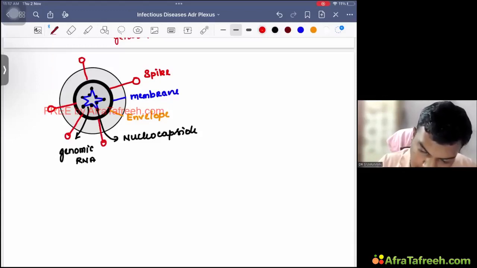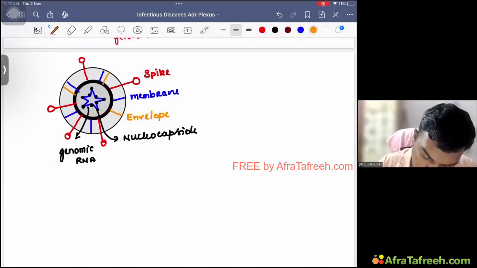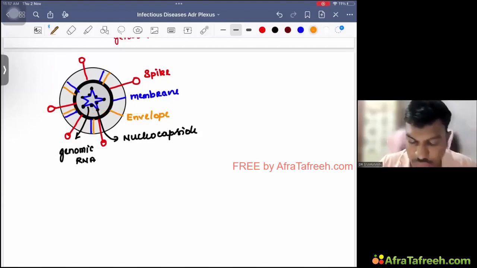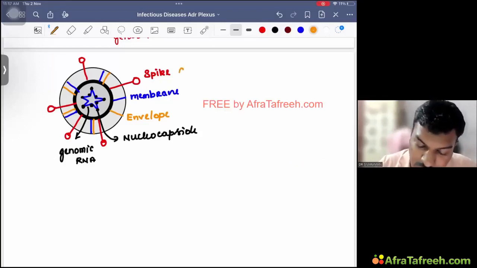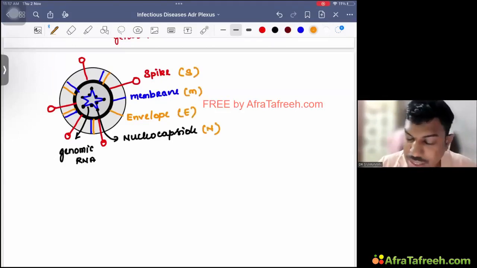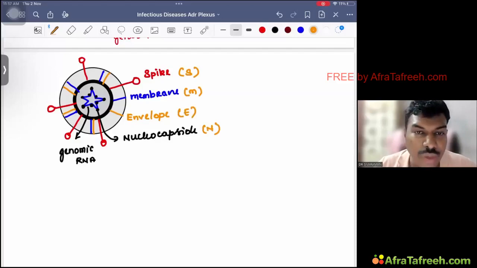So this is the structure of the virus. It has spike protein, membrane protein, envelope protein, and nucleocapsid, and inside it has the genome.